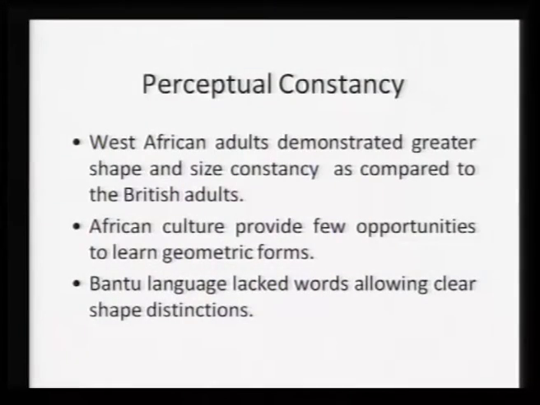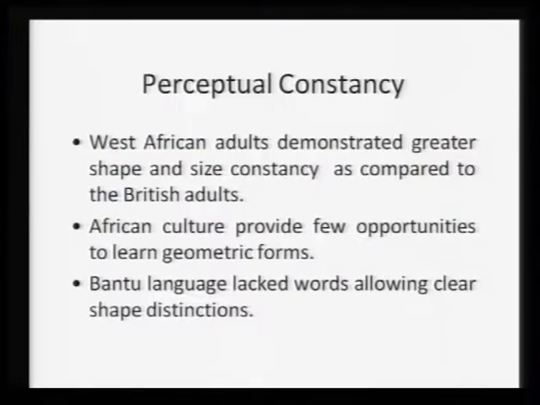So, for each variation that is possible in geometric shape, we have a different language representation of it. Now, in African culture, especially with respect to the Bantu language, it has been observed that it does not have clearly demarcating words that make a distinction between different geometric forms. When you do not have the words that can match those types of geometric shapes, you also do not have such types of illusions.